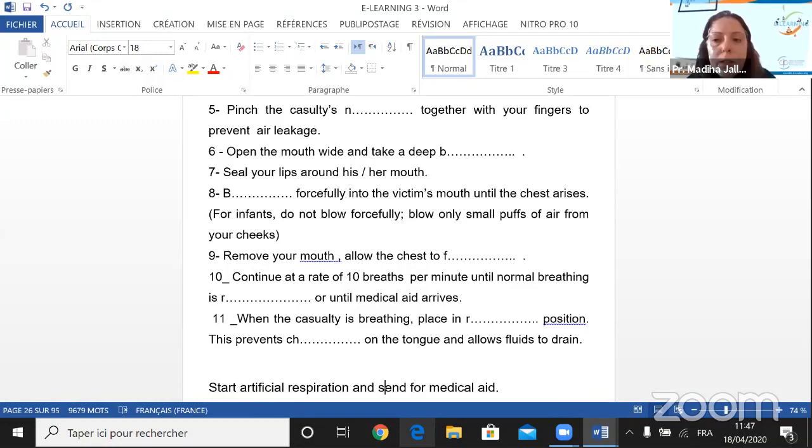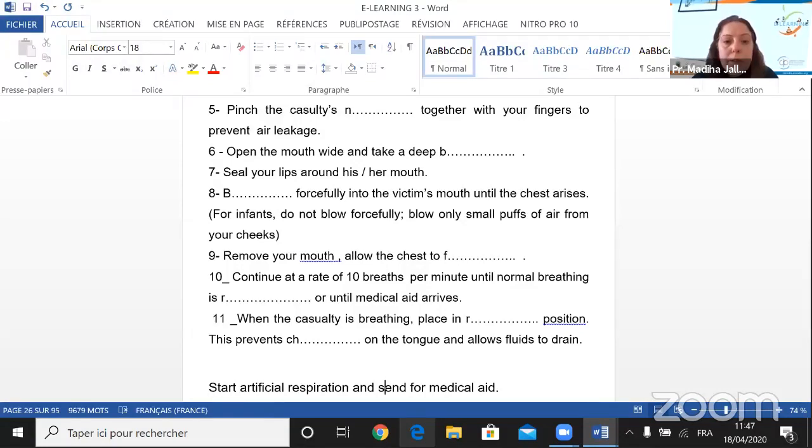To seal means to close tightly. No way of air leakage, no leakage. So seal your lips around his mouth.